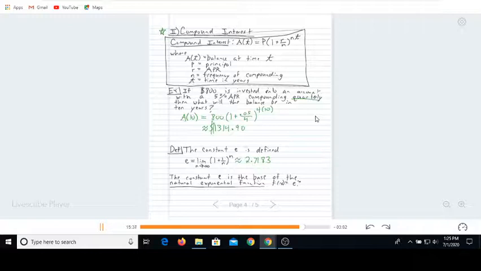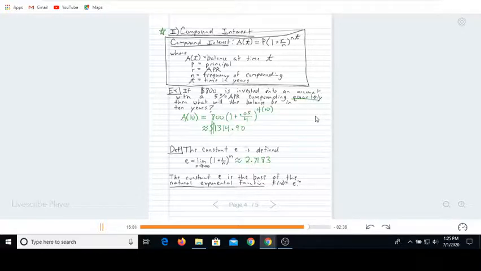I'm not going to nerd out about this number. I'm going to resist the urge to, but this constant is one of the most important numbers in all of science, actually. It's not just useful for financial applications, but for a great variety of applications. That constant E is often called Euler's constant, and it is the base of the natural exponential function.